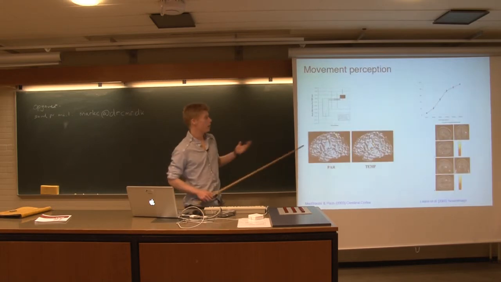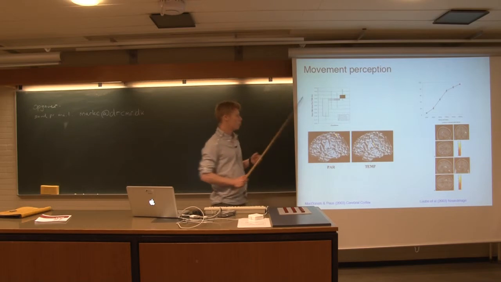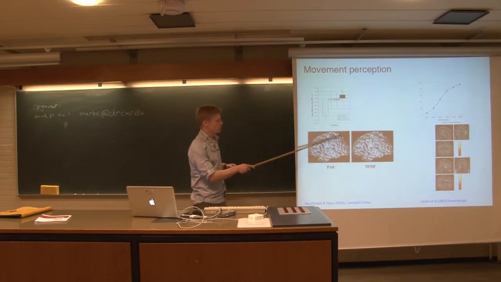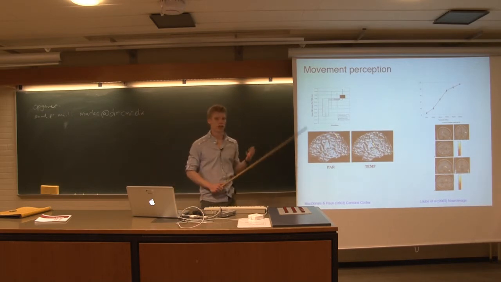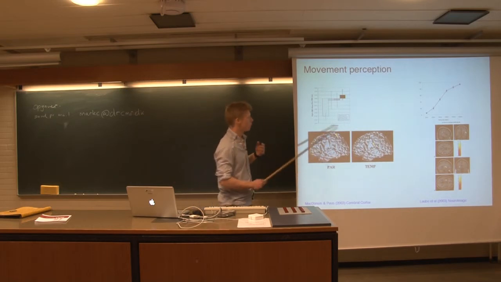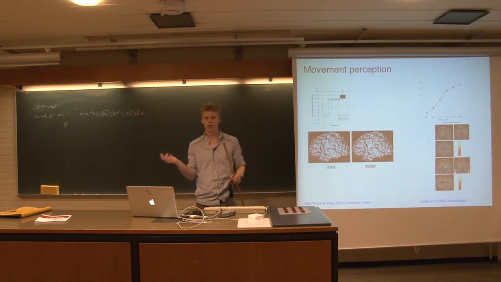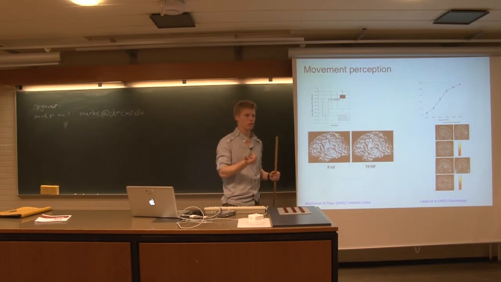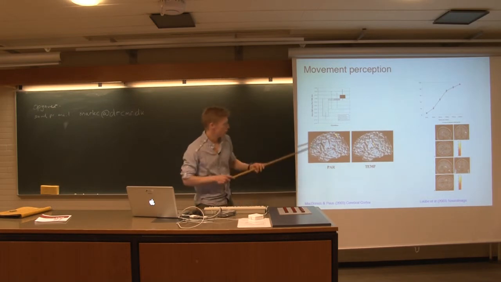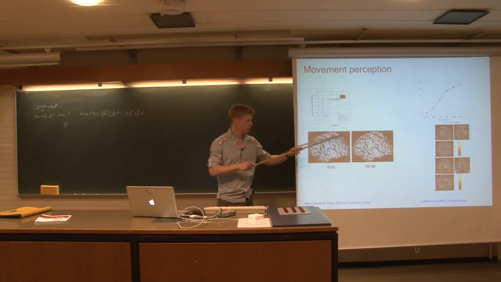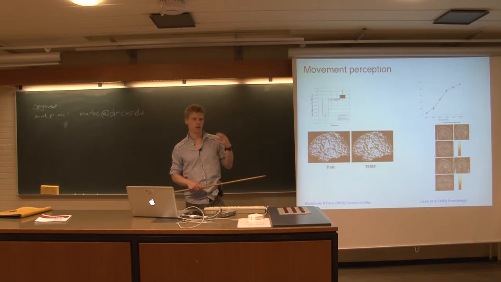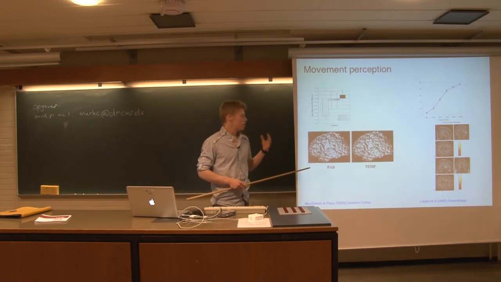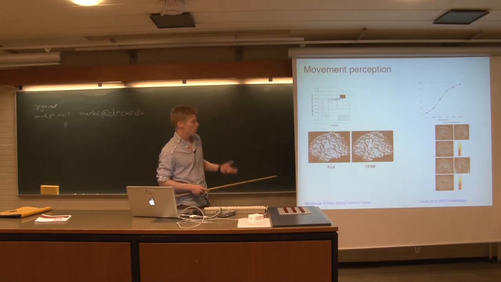On the other hand, we also have areas that are sensitive to movement perception. For instance, these parietal areas here are sensitive to recognizing movements that you've produced yourself. If you ask a subject to produce a movement and you show a video of it, and you then use transcranial magnetic stimulation to inhibit this area, you will see that subjects are no longer able to recognize the movement as being produced by themselves.